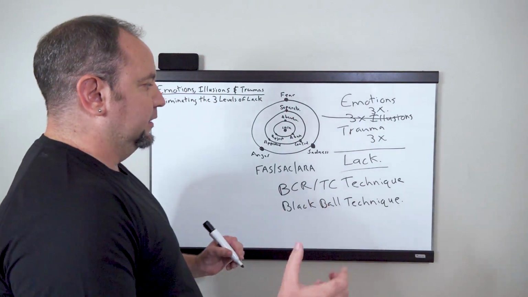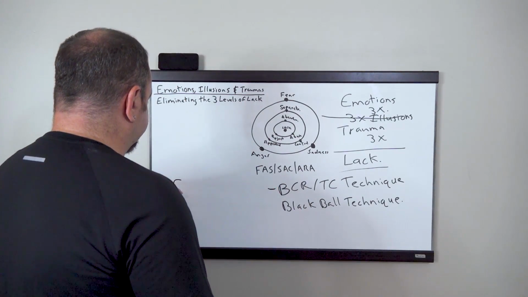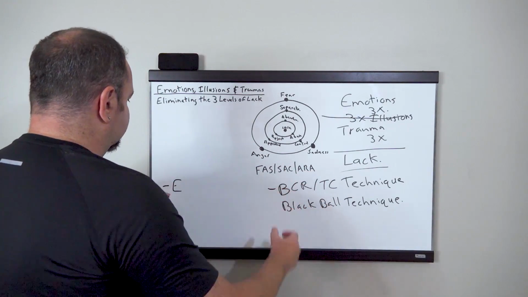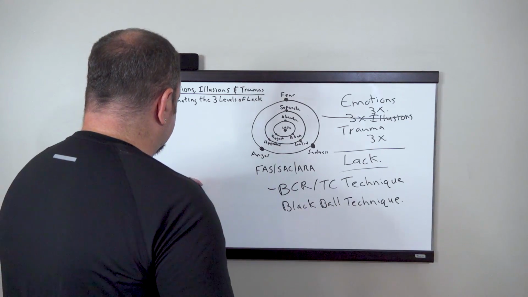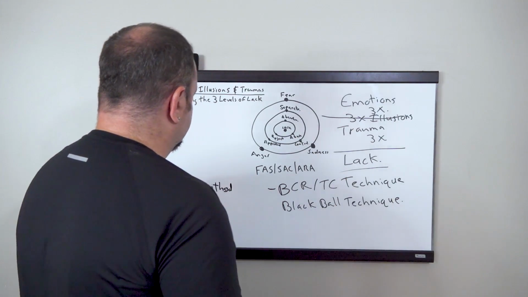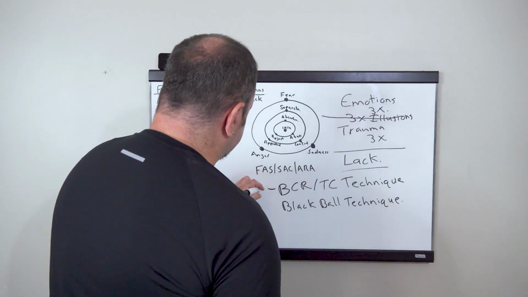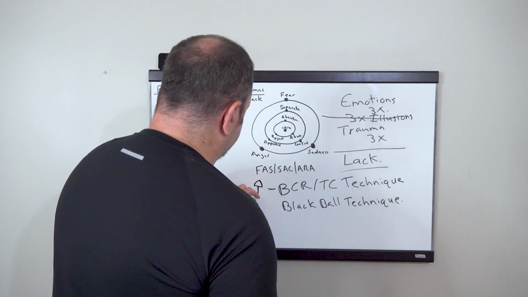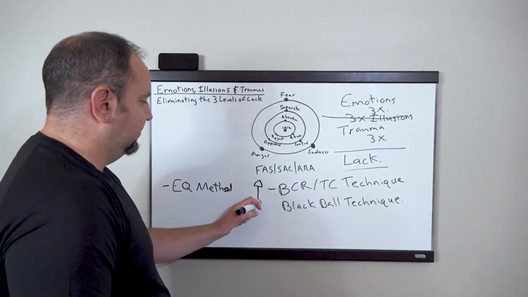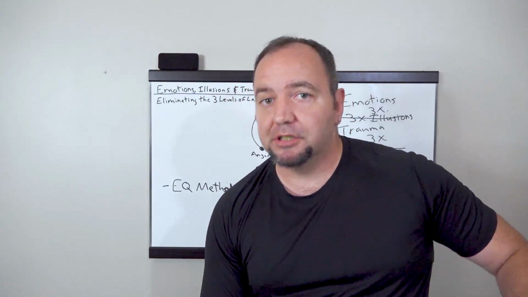Now, if I was to liken the BCR and TC technique to my other method, which is the full method of these 2 techniques combined, the EQ method, you could think of it as the BCR and TC technique being that of a shovel. Got a little shovel here, and we're starting to dig with that shovel.